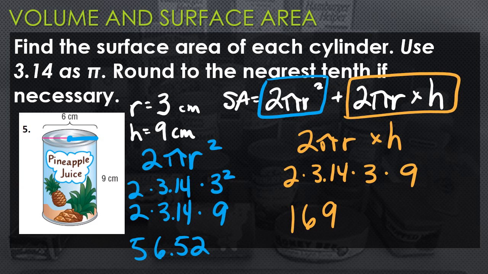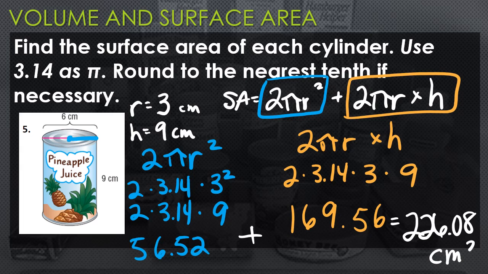It comes out to the surface area for the rectangle of 169.56 centimeters squared, and we're just going to add these two together. I'm taking my time adding these numbers together. That gives us a total surface area of 226.08, and our label is going to be centimeters squared.